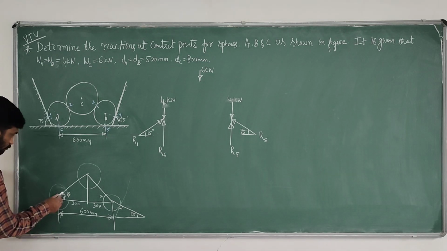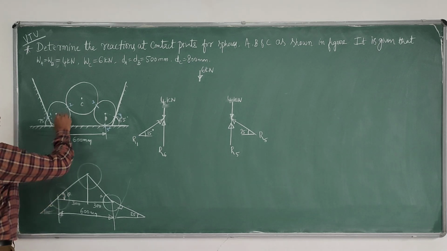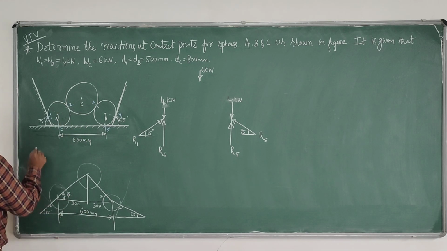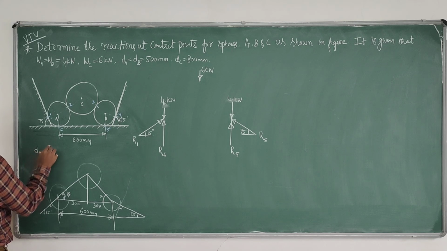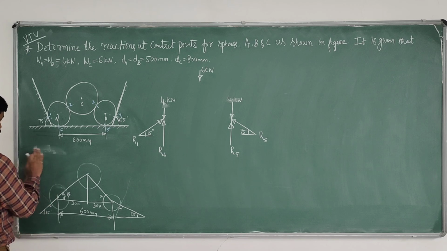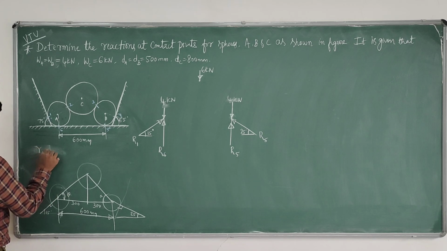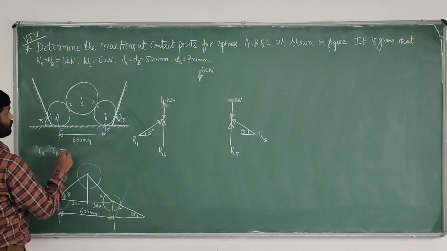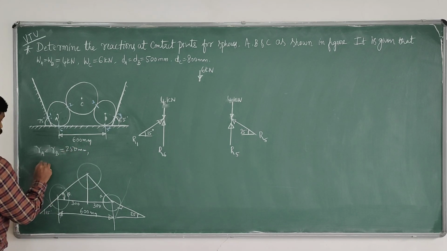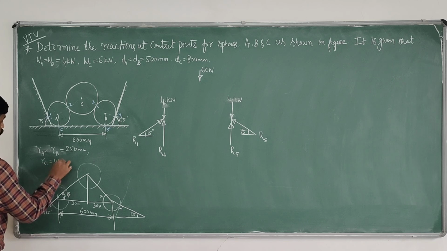So what is this distance? This distance is this radius plus this radius. The diameter of A equals the diameter of B, 500 mm. Therefore, the radius of A equals the radius of B, half of the diameter, that is 250 mm. And the radius of C is half of the diameter, 400 mm.